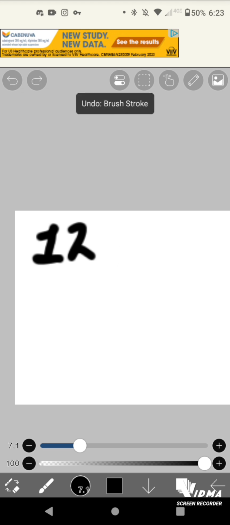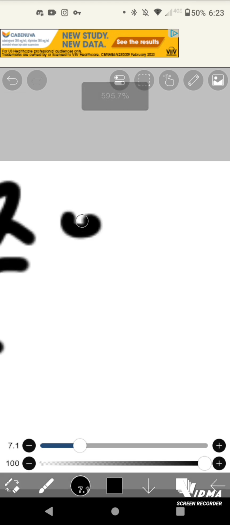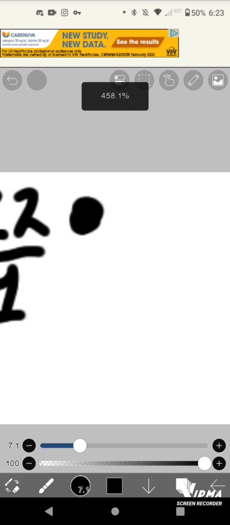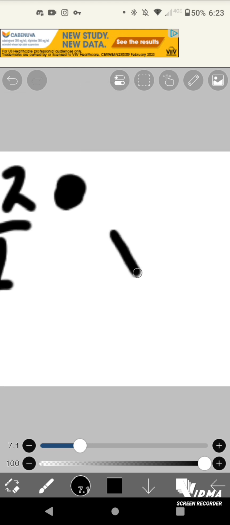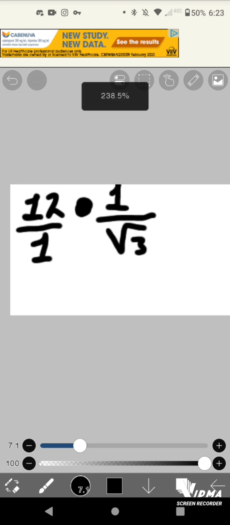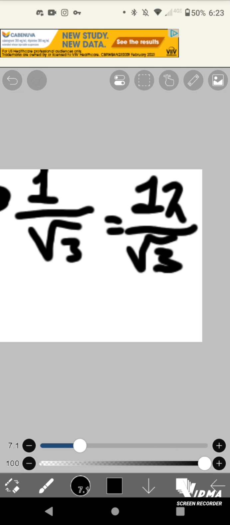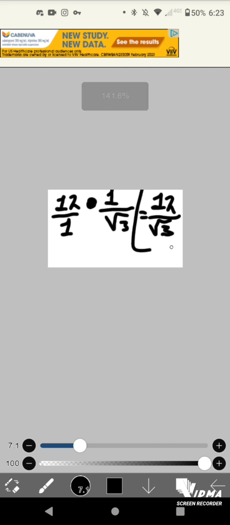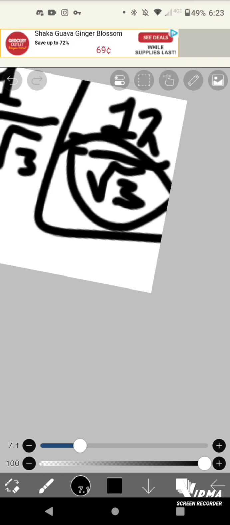So keep 12 over 1. Change. We got a giant multiplication symbol that looks like a meatball. And we flip. The square root 3 is now on the bottom. The 1 is at the top. So we get a 12 over square root 3. This is not our answer because we still have the square root in the denominator, and they don't like that.